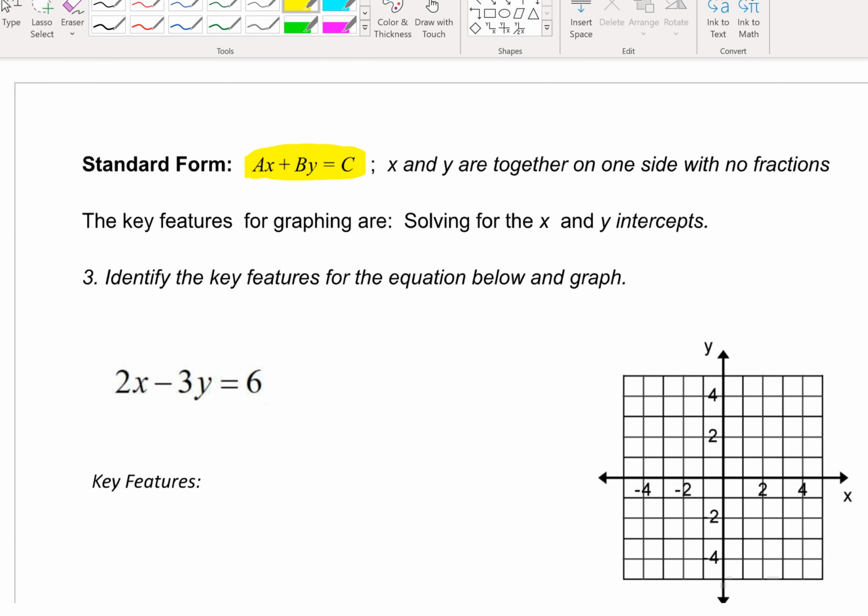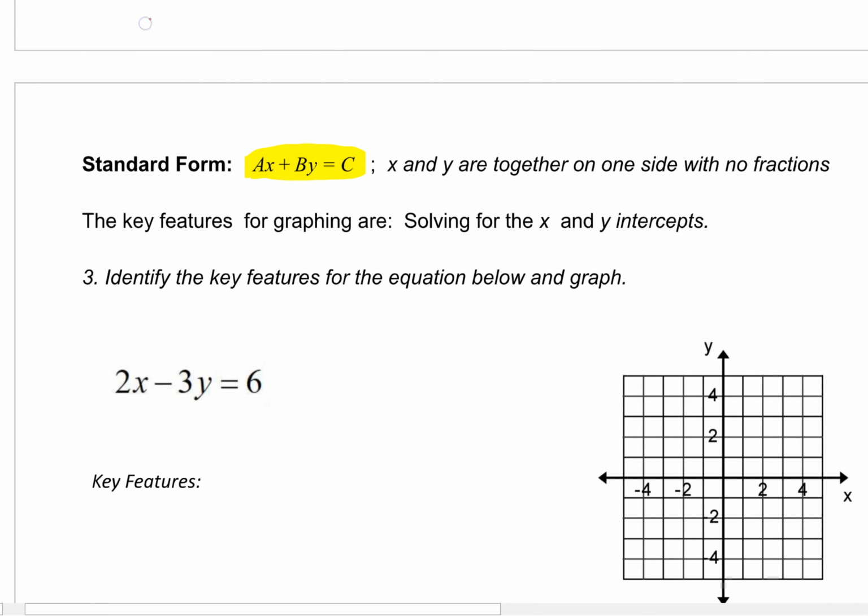The a, the b, and the c could all be negatives or positives. What are we seeing? X and y are together on one side. There are no fractions.